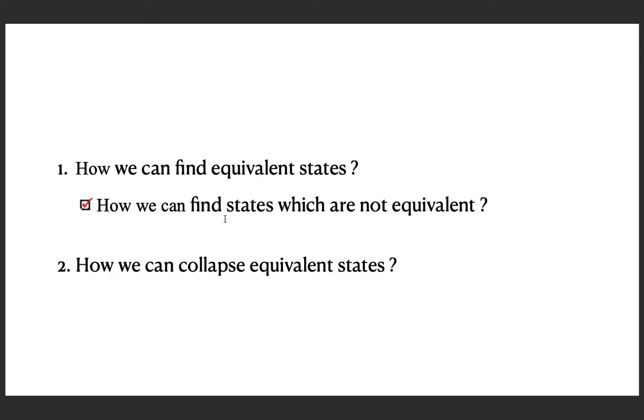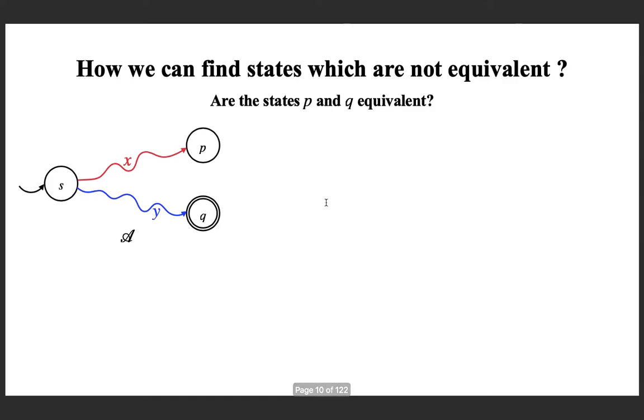And today we are going to see a technique for answering this question: when are two states non-equivalent, so that you must keep them as two states in the automaton and are not allowed to collapse them.